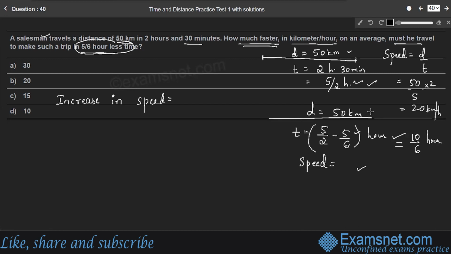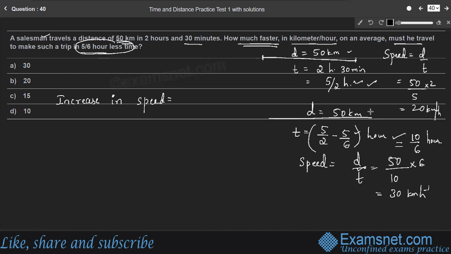Then speed becomes again distance by time. Distance is 50 km, which is the same, by 10 by 6. So this 6 will go to numerator. So it becomes 30 km per hour. New speed will be 30 km per hour.